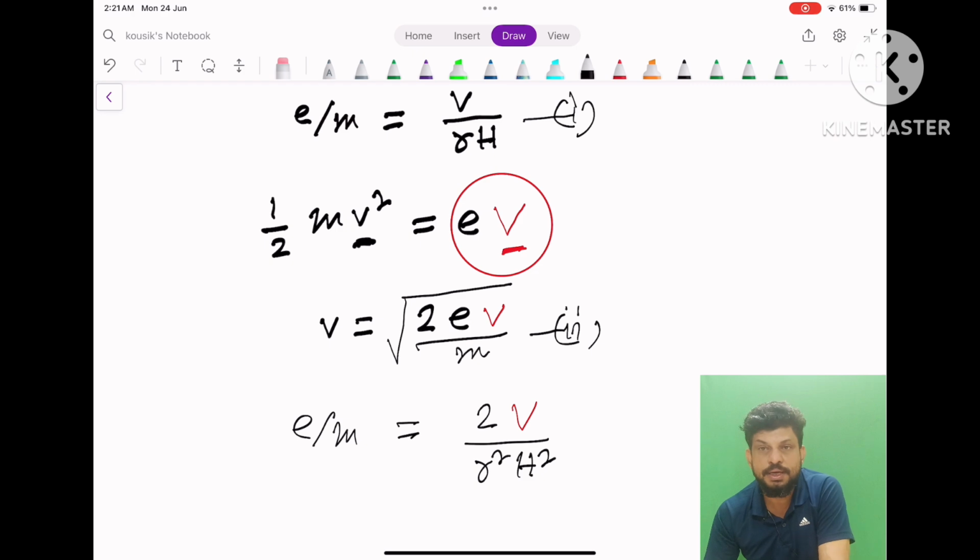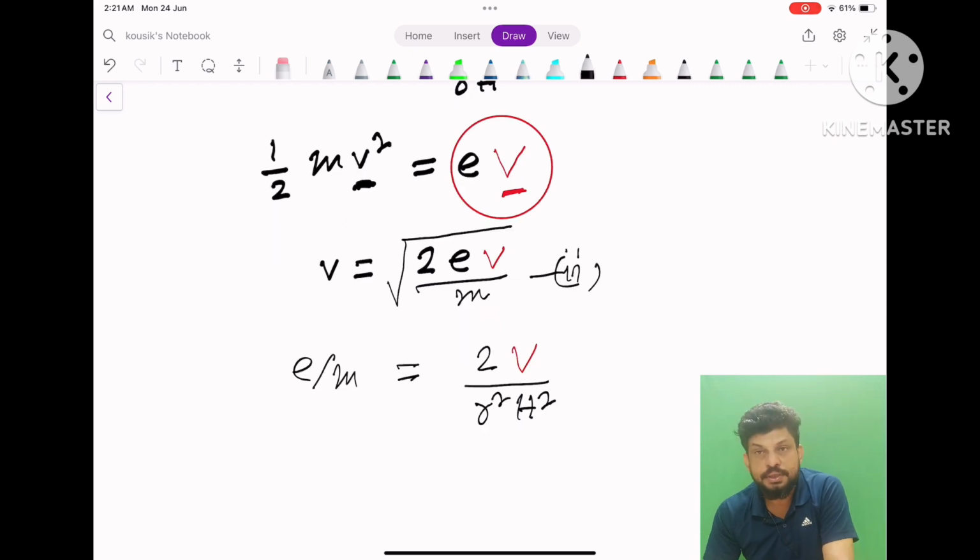We know the potential difference between cathode and anode, we know the magnetic field, and we know the radius of curvature. From this we can easily work out the value of E by m.